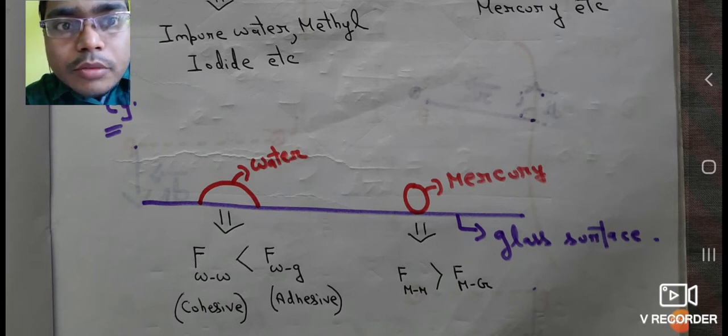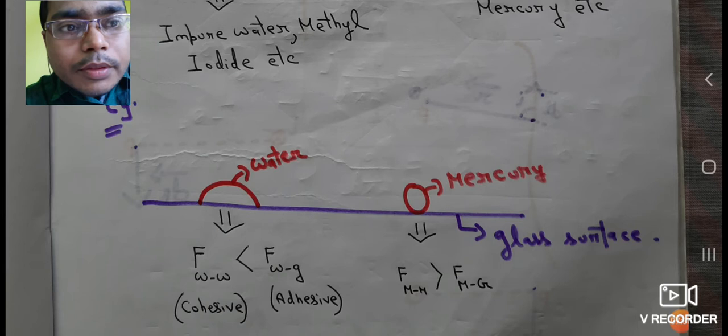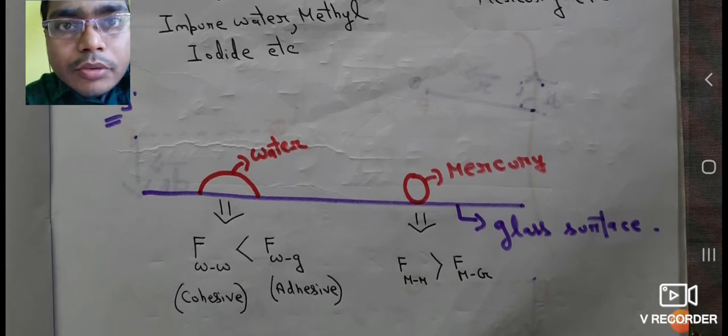Obviously water. Why? Because the cohesive force between water molecules is less than the adhesive force between water and the glass surface. In the case of mercury, the cohesive force between mercury molecules is much greater compared to the adhesive force between mercury and the glass surface. That is why mercury will not wet the surface.